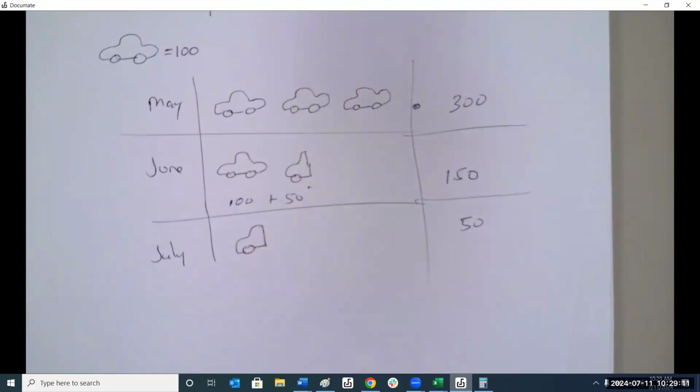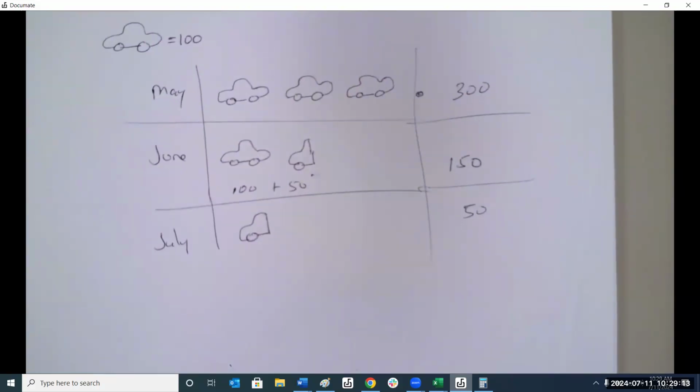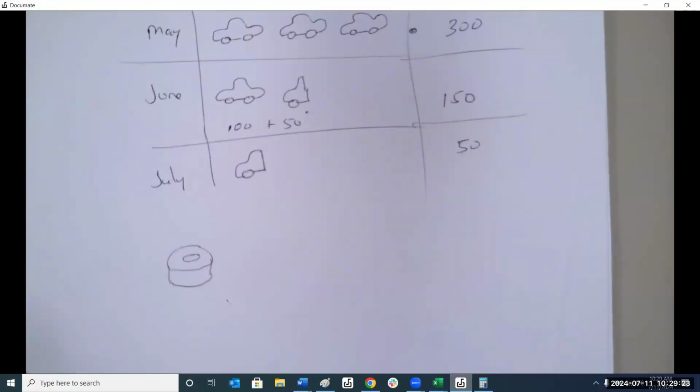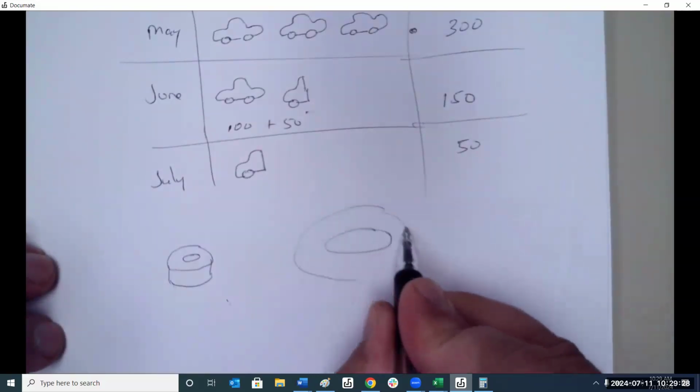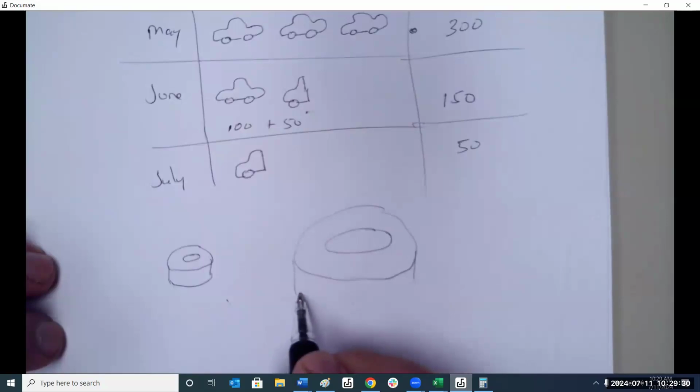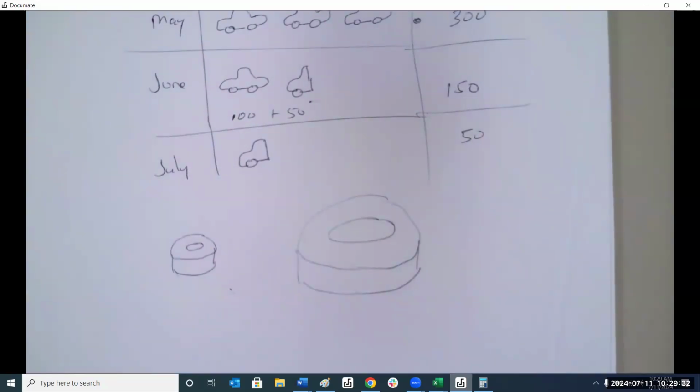well, actually, by showing a size. If I had a picture of a tire, a wheel, and then I showed you this picture of a wheel, it looks about twice the size, doesn't it?